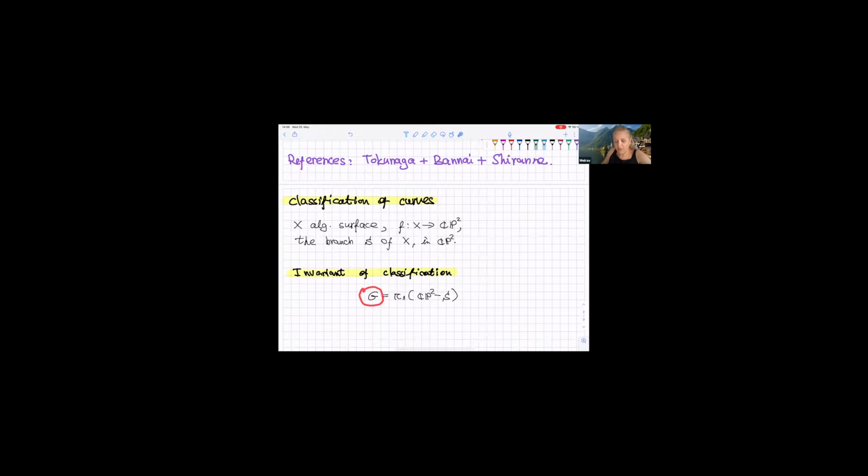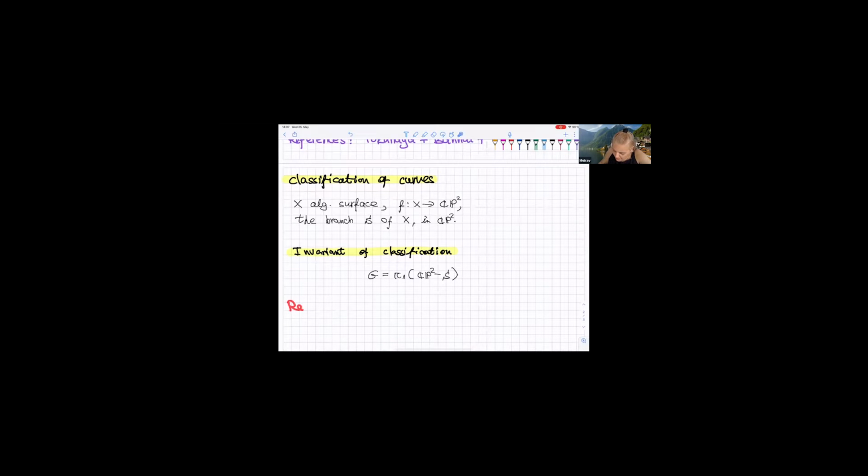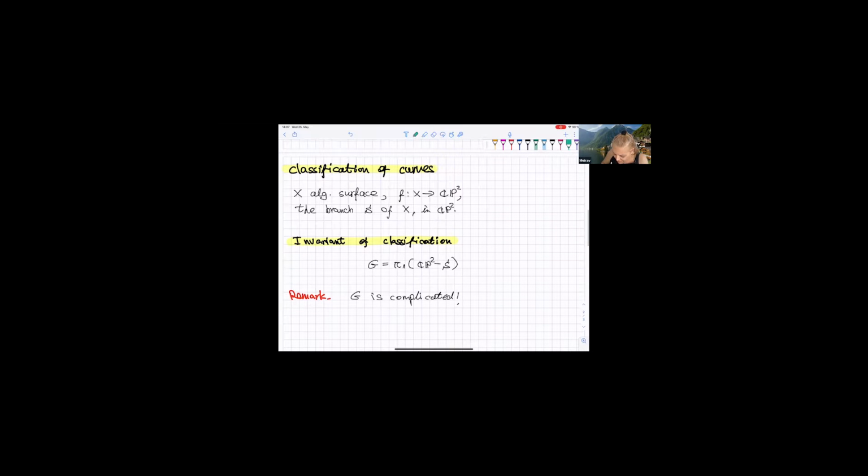So please also remember this notation, the fundamental group of the complement of the branch curve. I would like to remark to you that actually G can be very complicated. So we will try to see later on what we can do with this, but now some example.